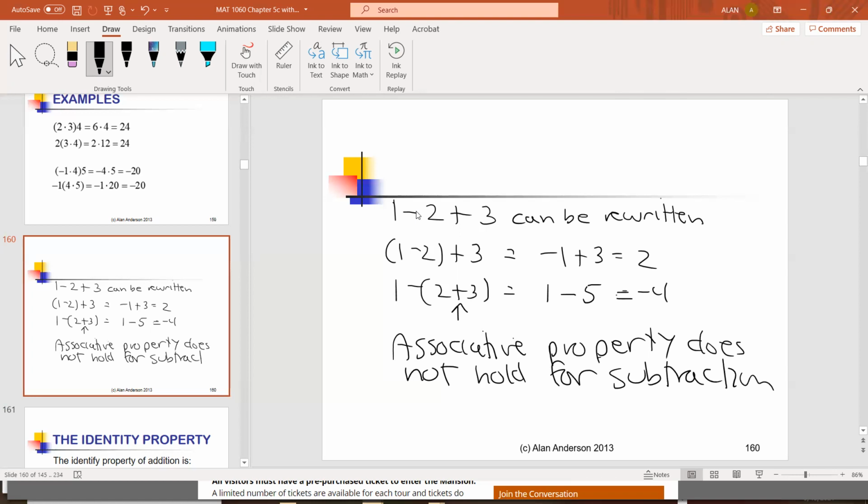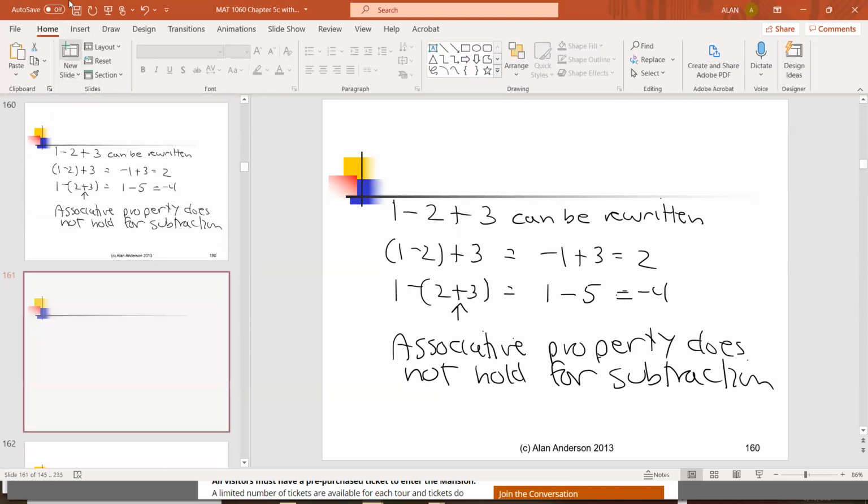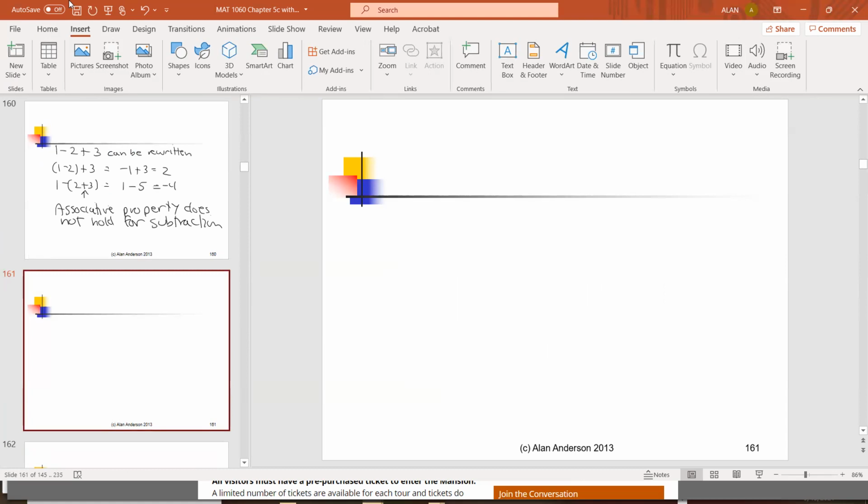And how about division? We know it works for multiplication. What about division? Suppose, for example, we have 1 divided by 2 divided by 3.